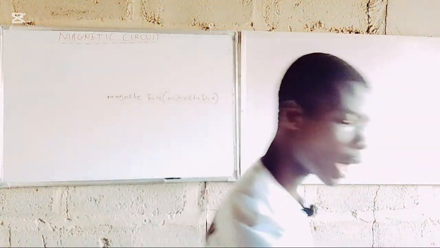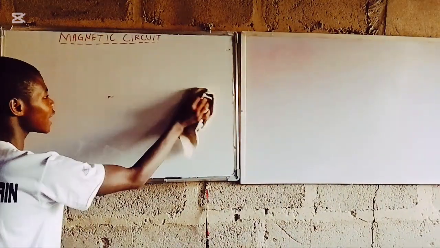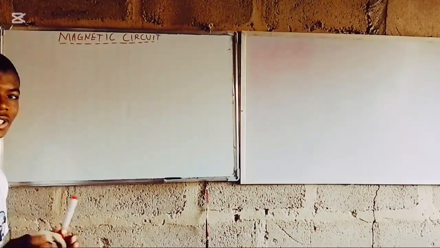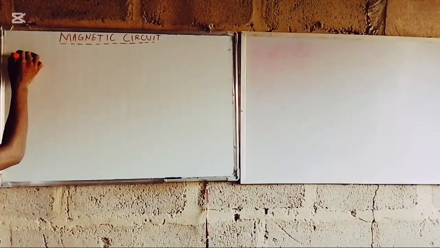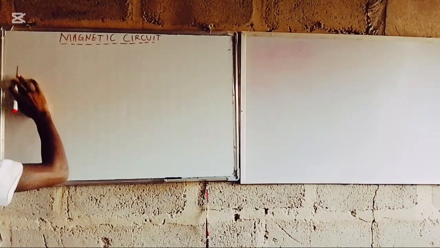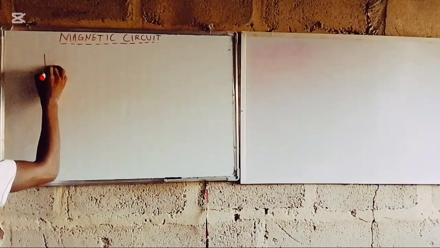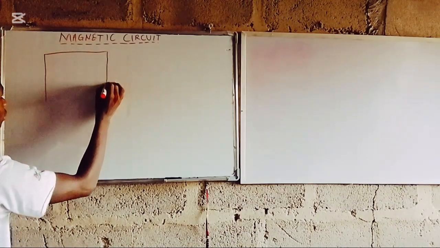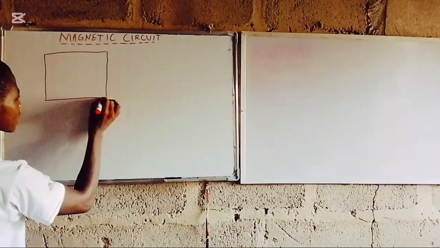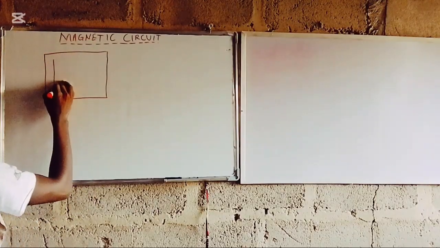So let me draw an illustration of a magnetic circuit and an electric circuit, so that you can differentiate. So, magnetic circuit, this is a simple diagram for a magnetic circuit. Sorry for my sketch.